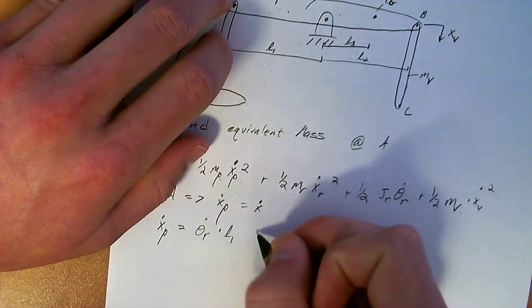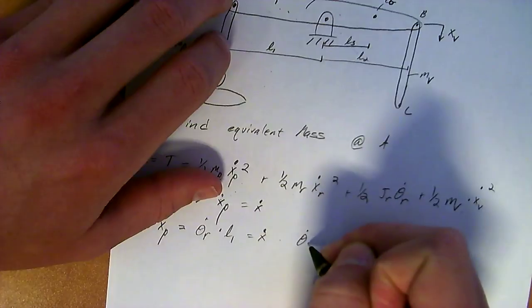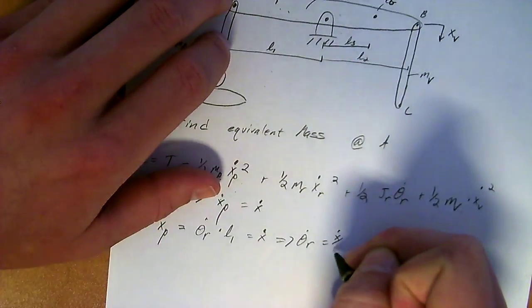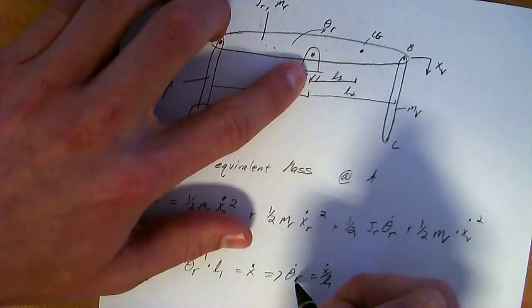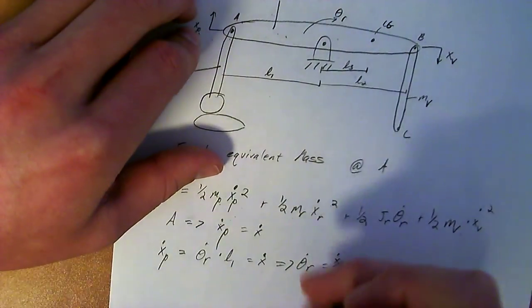Okay, so this is equal to x dot. So theta dot r is equal to x dot over L1 by just solving out this equation. And now we have theta r in respect to xp, or x dot, whichever one you want to call it.